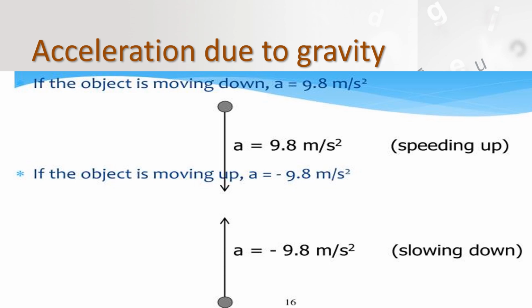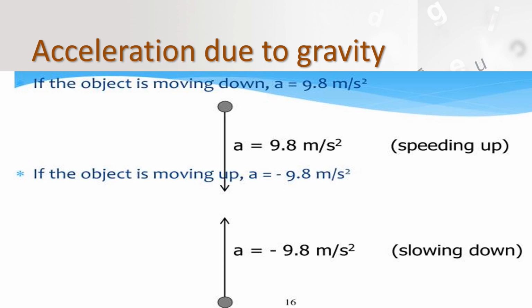If you are throwing an object from the terrace, the value of acceleration due to gravity is 9.8 meter per second square. But if you are throwing a stone from the ground to the sky, it will have the acceleration due to gravity as minus 9.8 meter per second square.